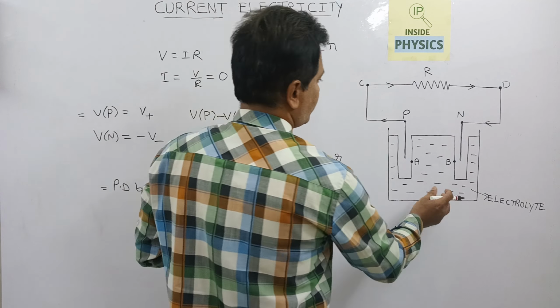Okay, see, generally, normally we don't consider the internal resistance of the battery in practical conditions, because here, see, the electromotive force is far greater than the potential difference in the cell.